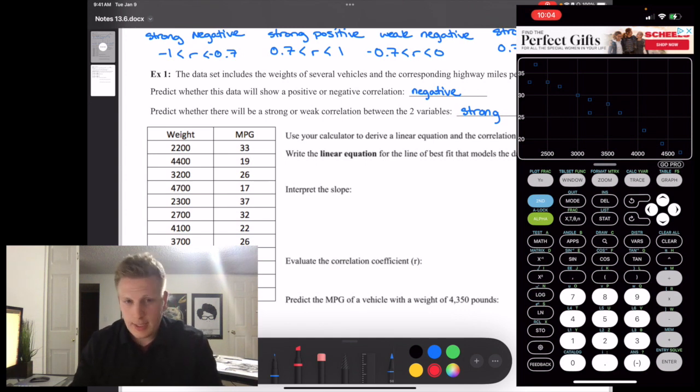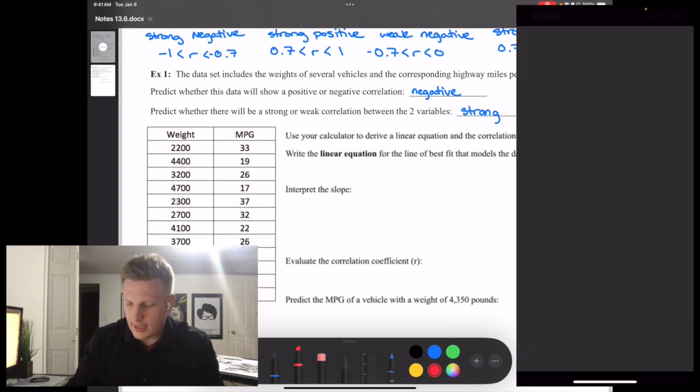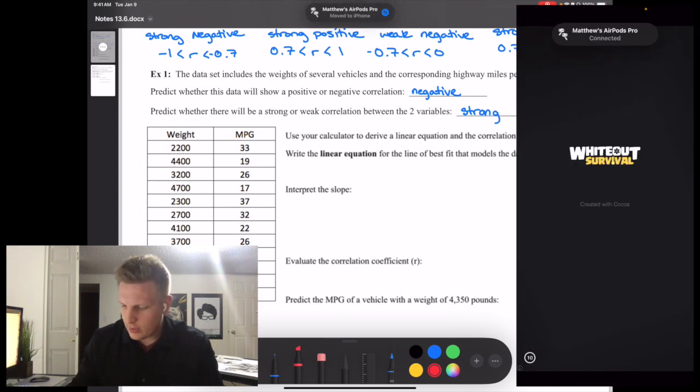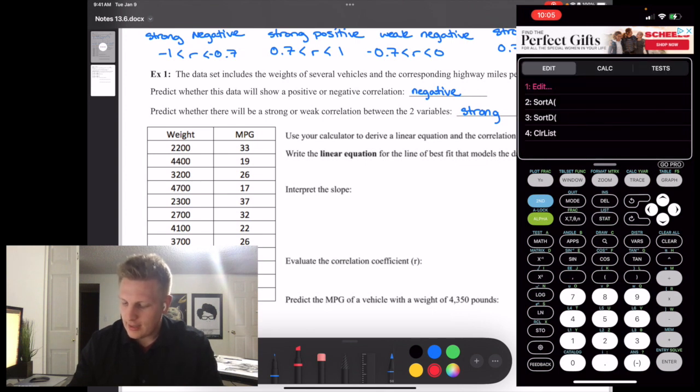In order to find this linear equation, I've got all my data in here. I hit stat, edit, right? All that data is still in here. Basically all we're going to do is hit stat, and come over to this little calc feature.